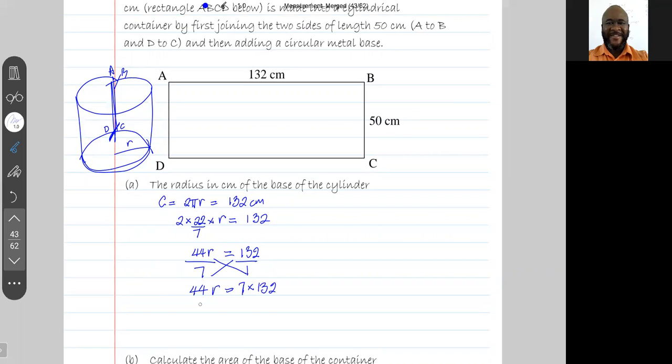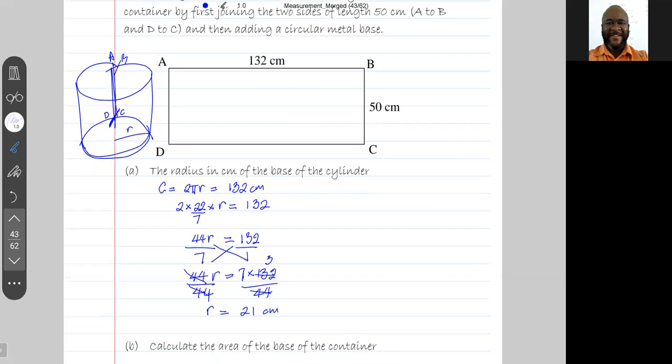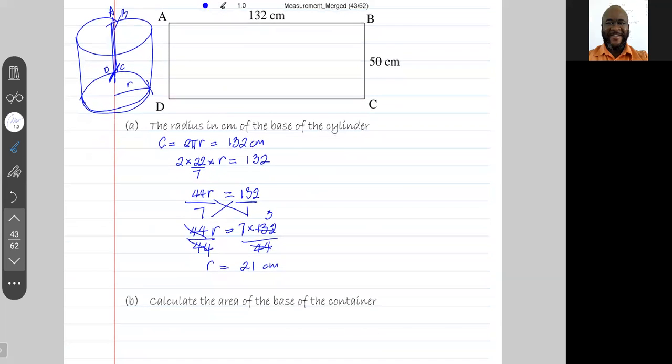If I divide both sides by 44, I would get r is equal to 21, because this goes into this 3 times. 3 times 7 is 21 centimeters. So the radius of the cylinder that is formed when AD and BC are joined together is 21 centimeters.